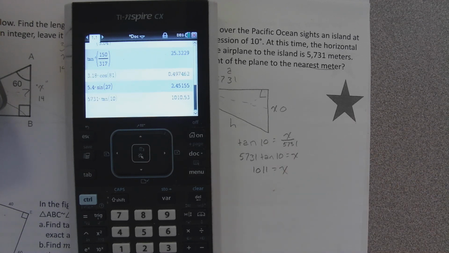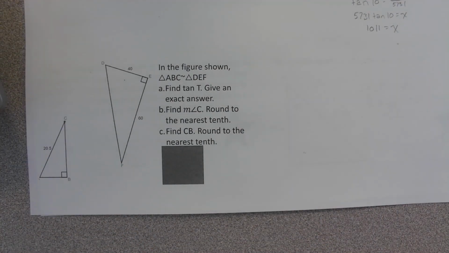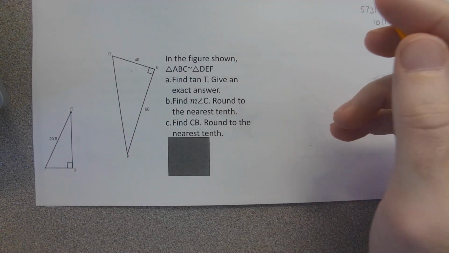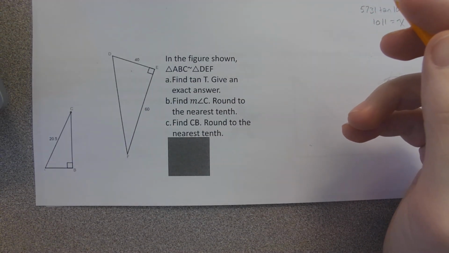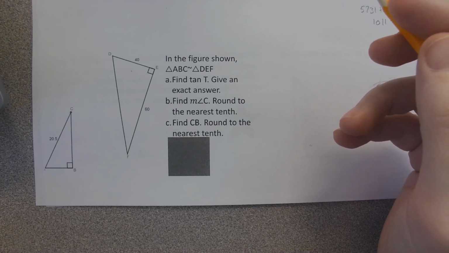Okay. And then we take a look at the last question. It's a three-part question. Part A, Part B, Part C. Now, it is probably the hardest question on there, but it is not so hard that you can't do it.